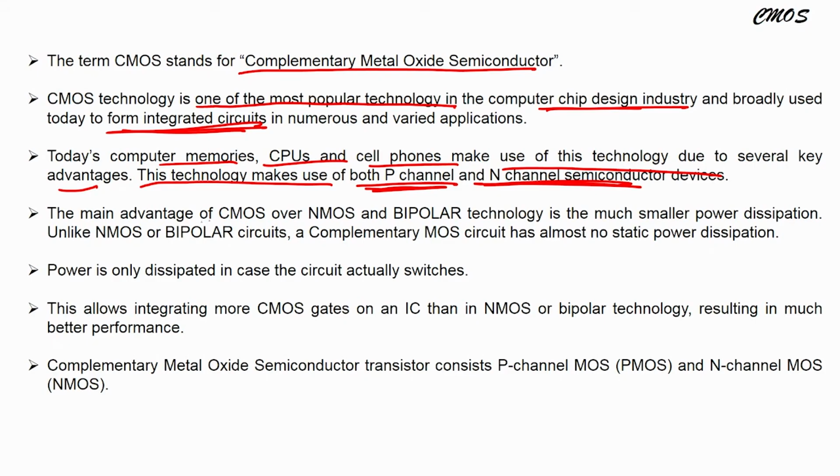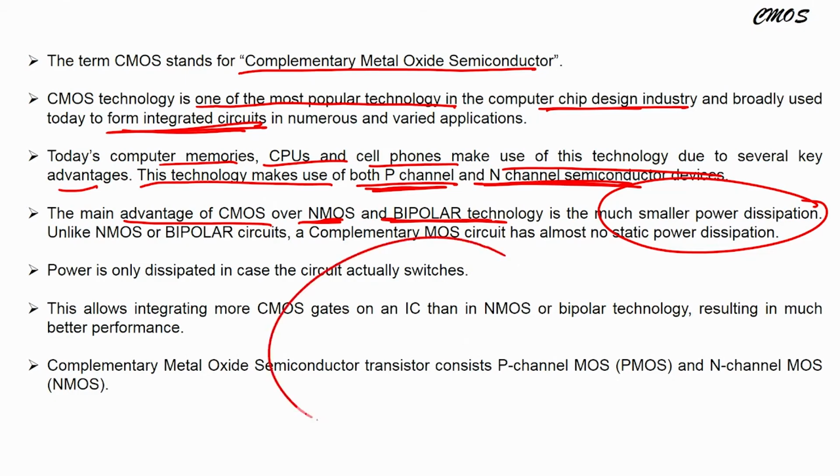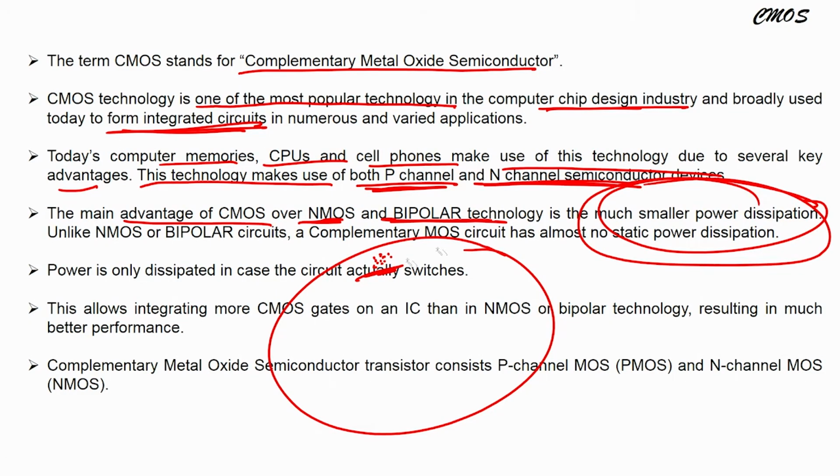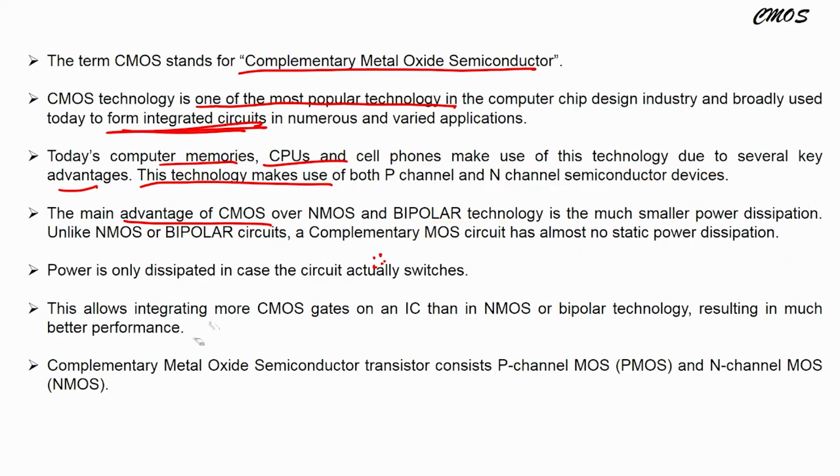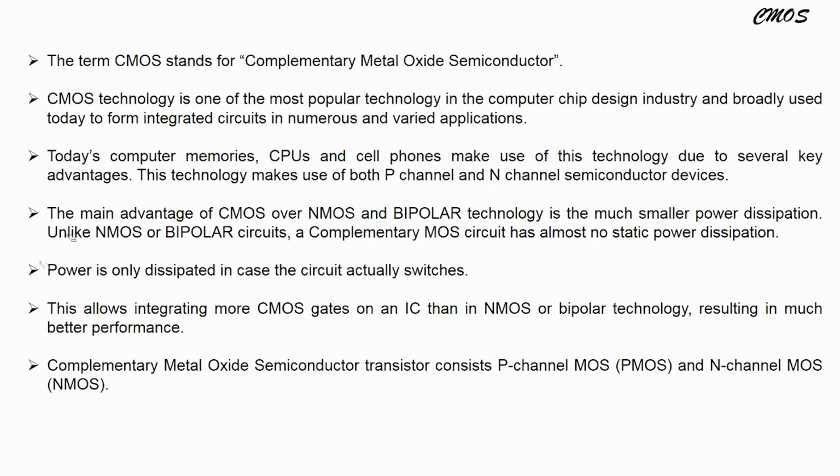Now, the main advantage of CMOS over NMOS or bipolar transistor is much smaller power dissipation, and that is very important because we are going to increase the number of components on a single wafer, reducing the size of each component. When you reduce the size, the power consumption also needs to be reduced, and that is possible using CMOS technology compared to bipolar or NMOS technology.